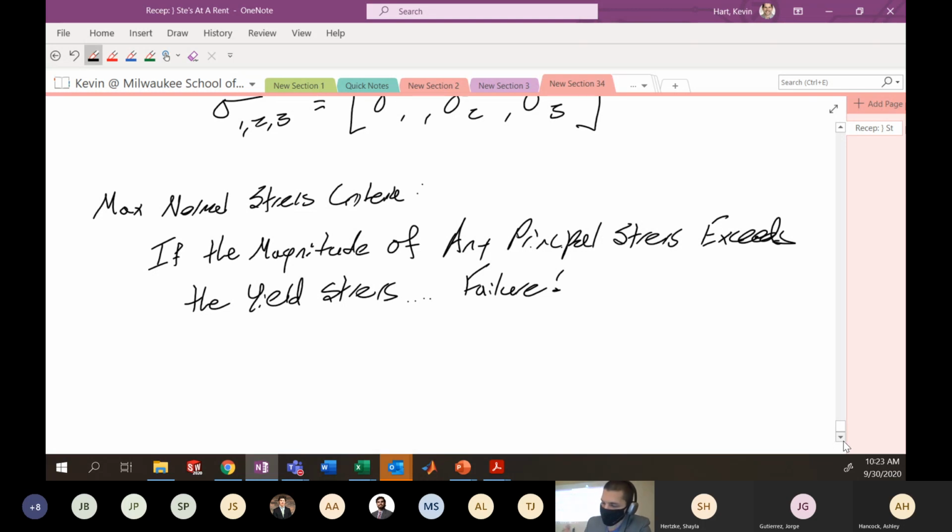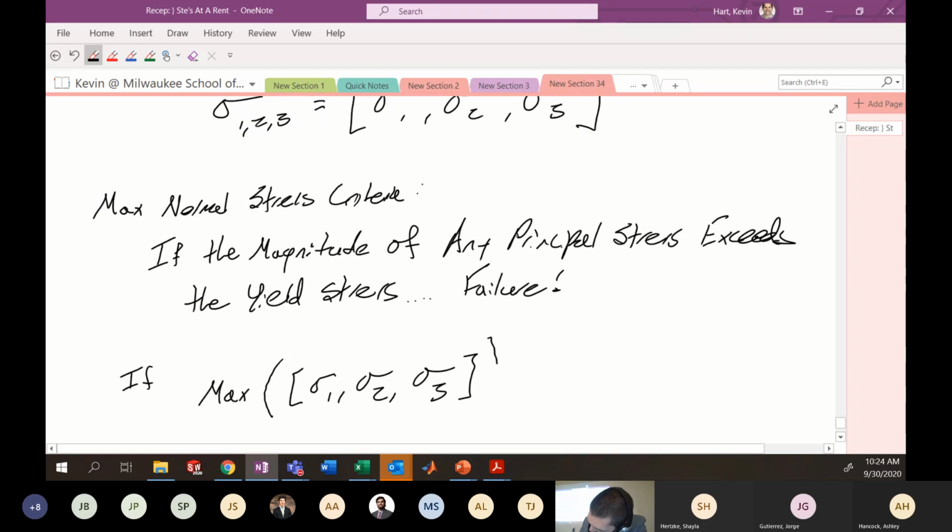So this is the actual criteria in math speak. If the maximum of your 3 principal stresses, sigma 1, sigma 2, sigma 3, is greater than or equal to the yield stress, you fail.